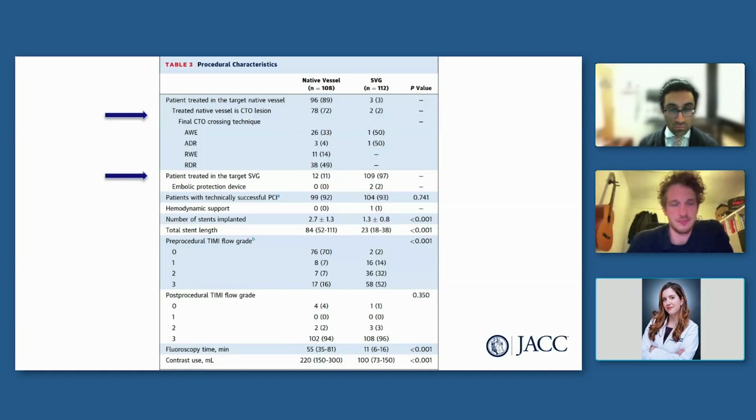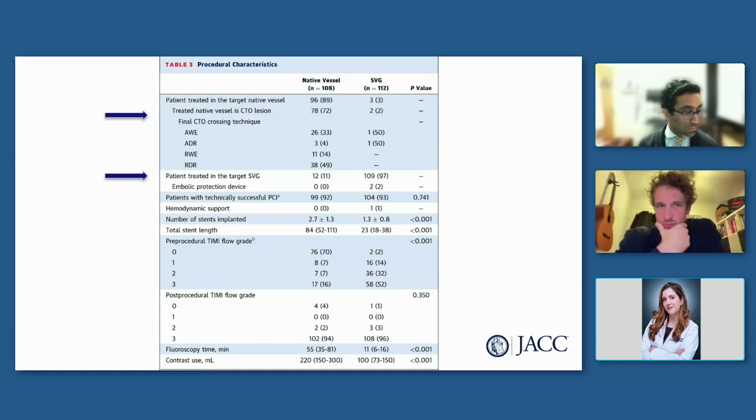And then I also wanted to talk about, we've been talking a lot about the native vessel techniques, but I think it's important to note that in the vein graft interventions, there was a high percentage of embolic protection device used.